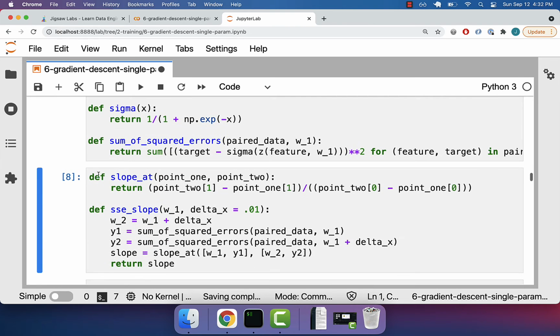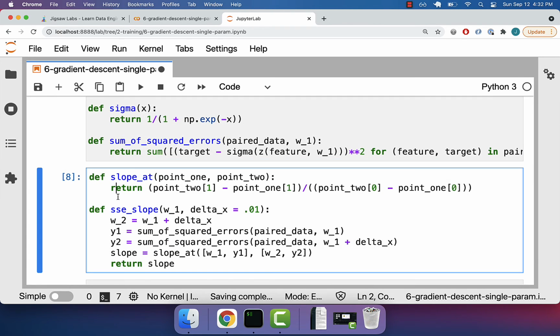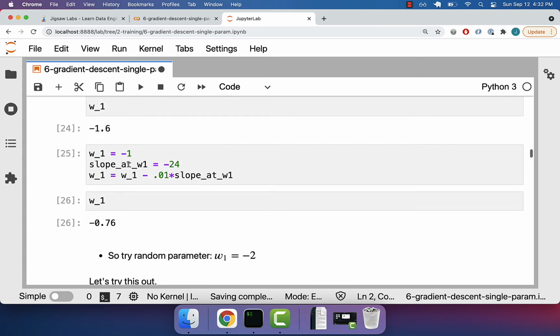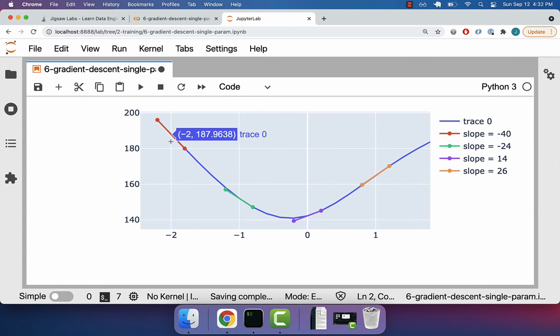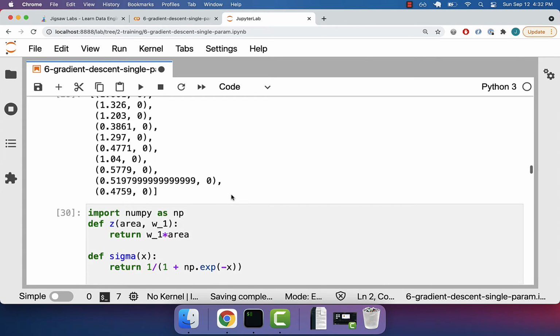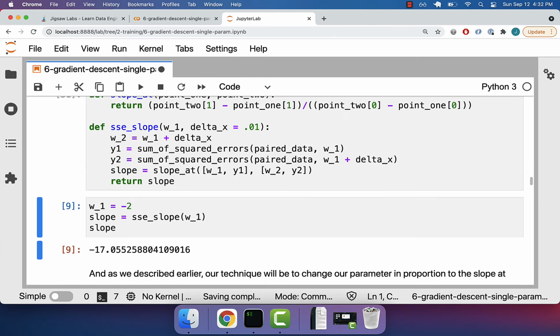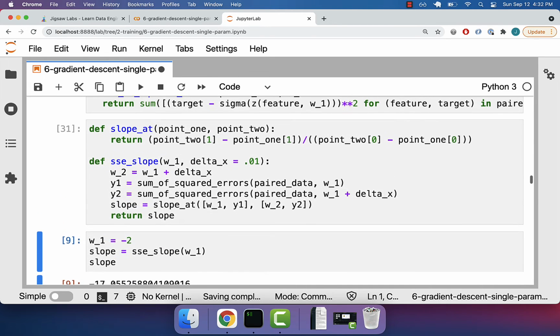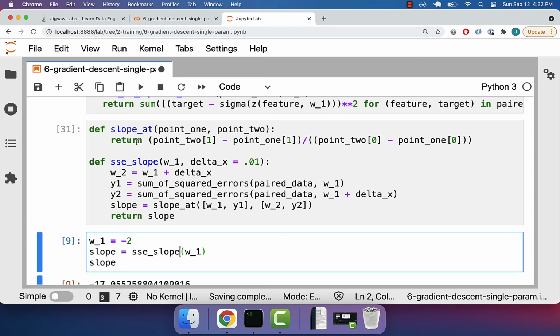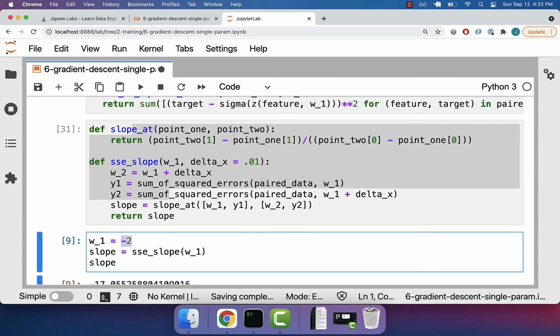And then I wrote some functions that are going to calculate the slope of the sum of the squared errors for us. We'll learn about that later on. It's called the derivative. But for right now, this works fine. We can just take my word for it. So we have W1, and then this is the slope, and this is the sum of the squared errors at W1.